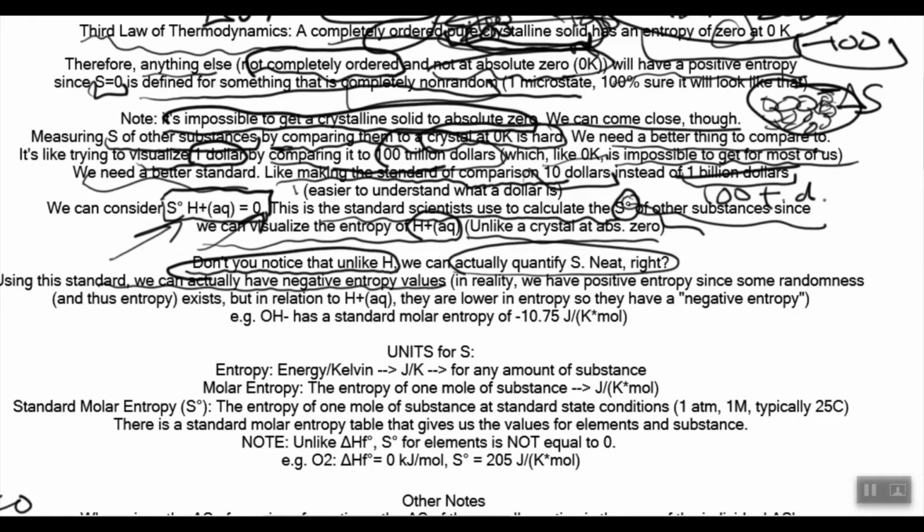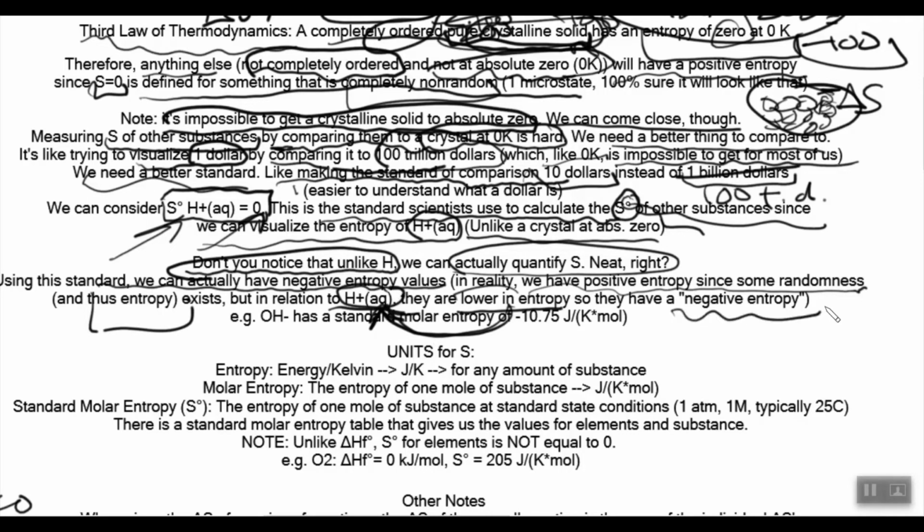Well, to tell you the truth, in reality, we actually have positive entropy, since as long as there is some randomness or entropy, then it will have a positive entropy. But when we compare it to H+ dissolved in water, it is actually lower in entropy. And remember, this is 0, and if it's lower than 0, it's going to be negative.